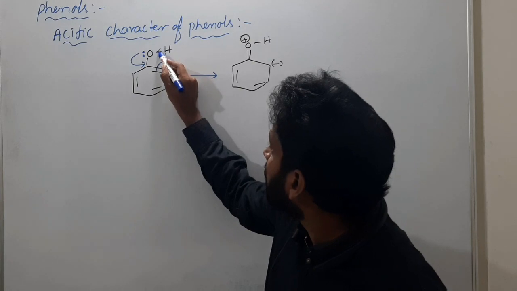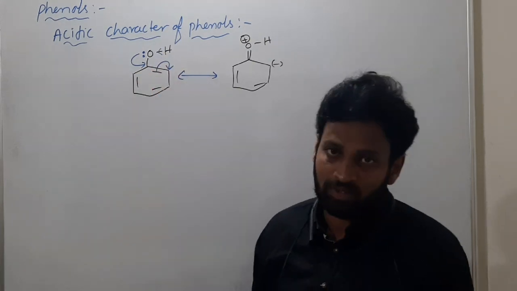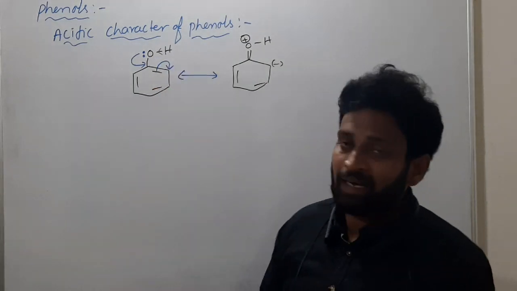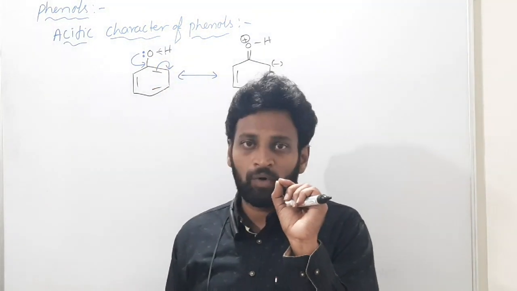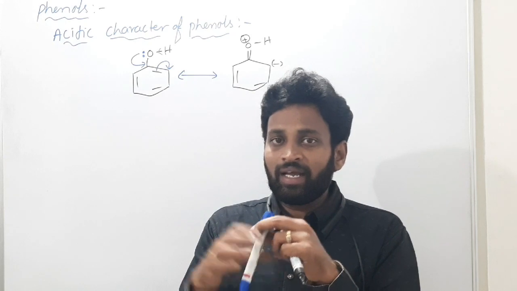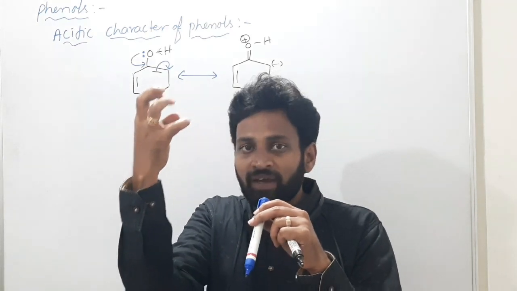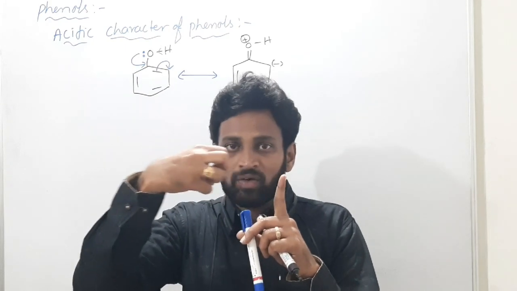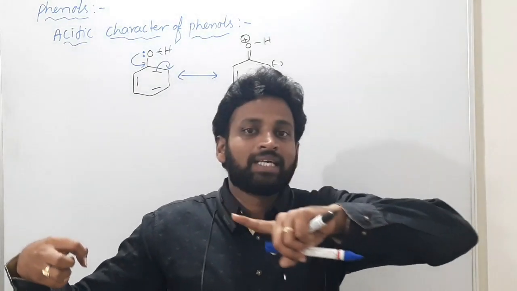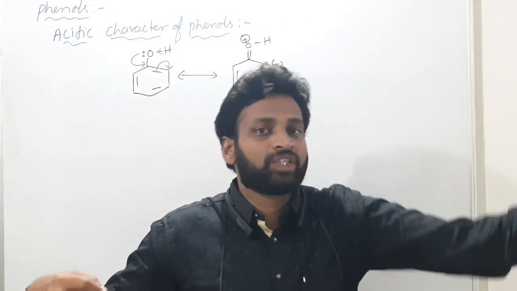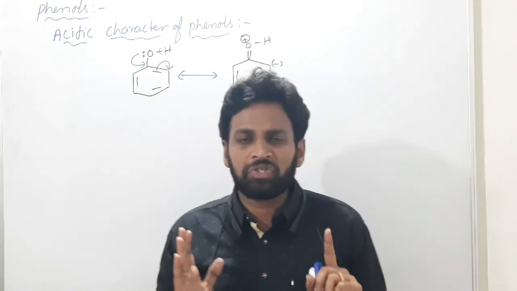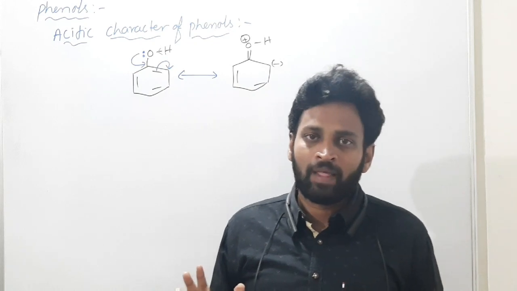Certainly this sigma bond can migrate towards oxygen, then H plus can easily come out. Remember this important note: when somebody is withdrawing electrons from oxygen, oxygen can lose H plus, and certainly the acidic character increases. This is a very important thing.